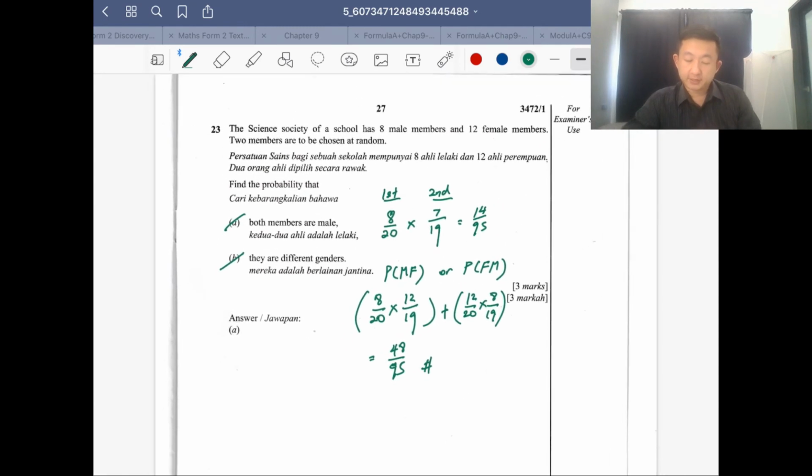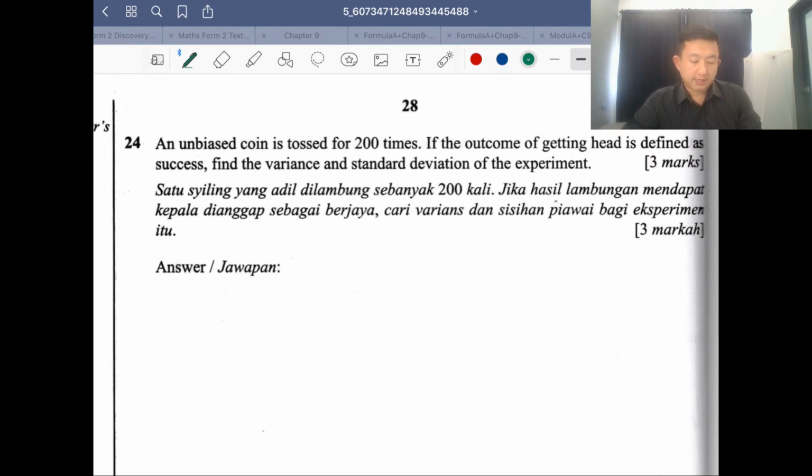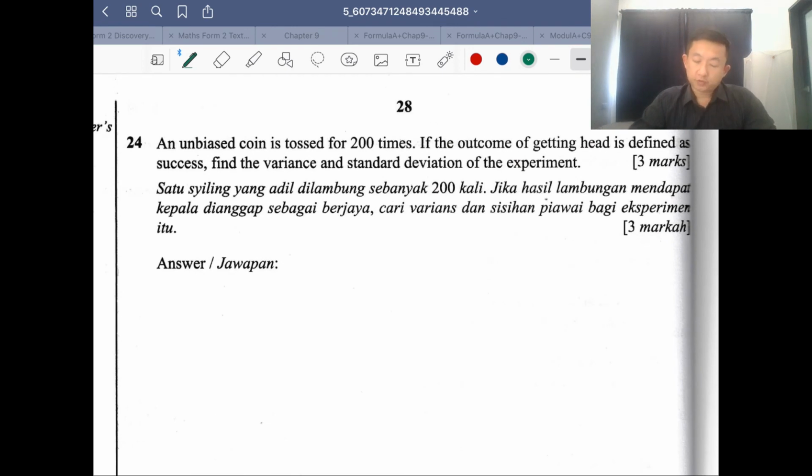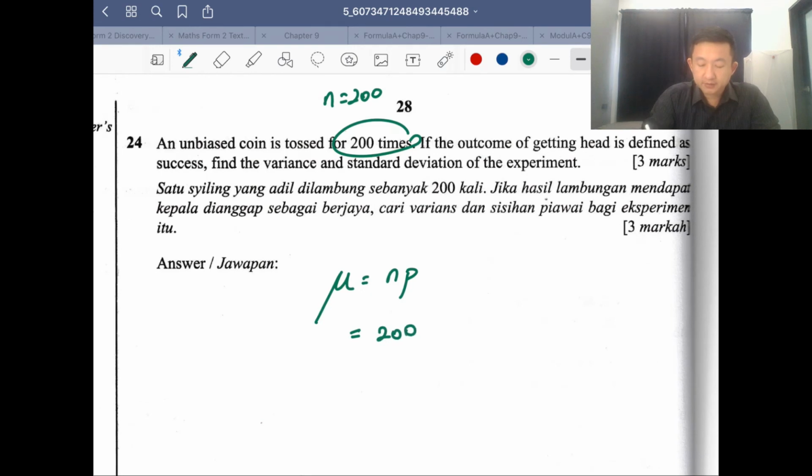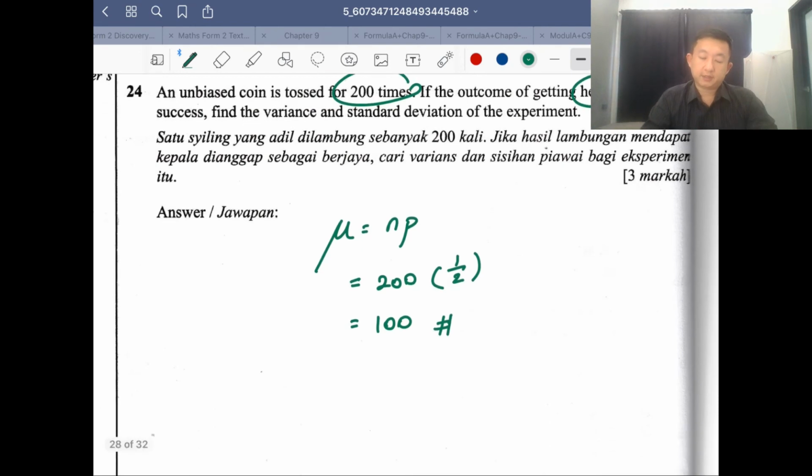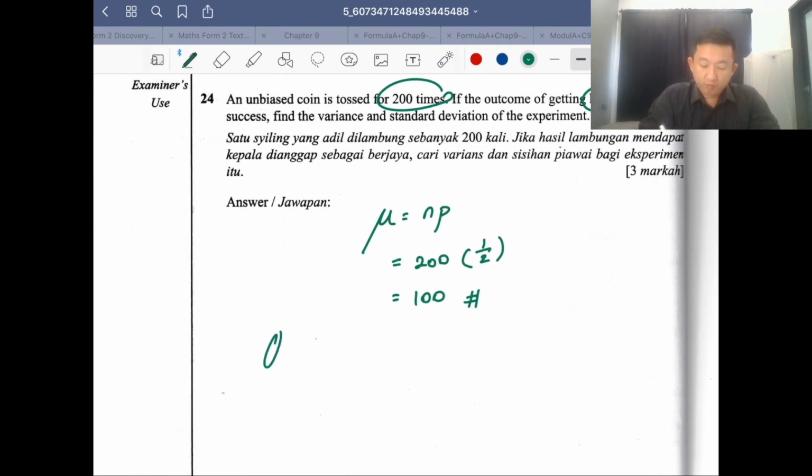Okay, final answer. 24. An unbiased coin is tossed 200 times. Getting a head is defined as success. Find the variance and the standard deviation. The mean is np. So n is 200, and p, the success rate of getting a head, is of course 1 over 2. So the mean is 100. Okay, standard deviation and variance. Figure out the variance first.